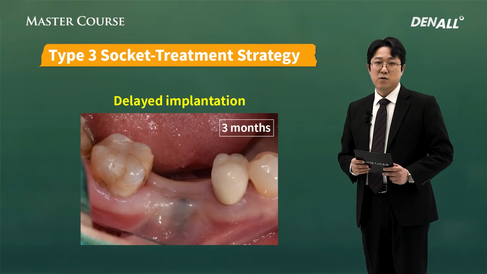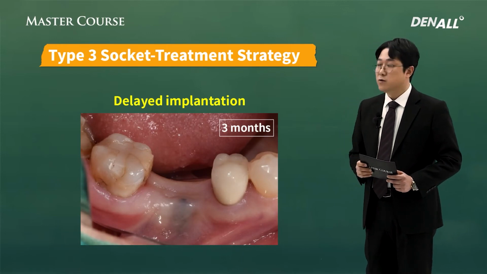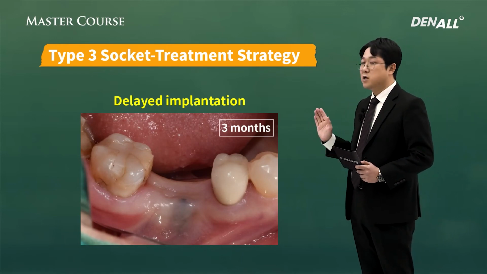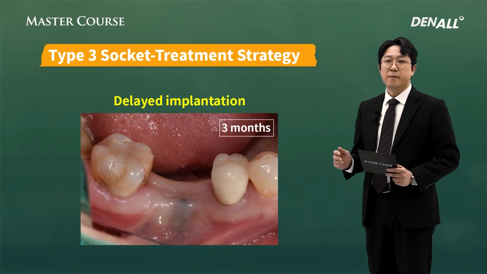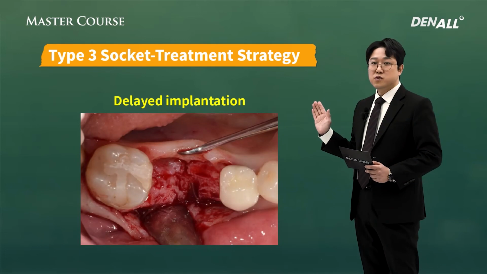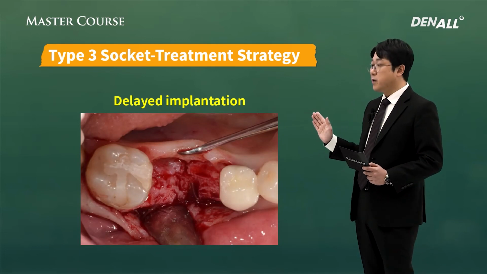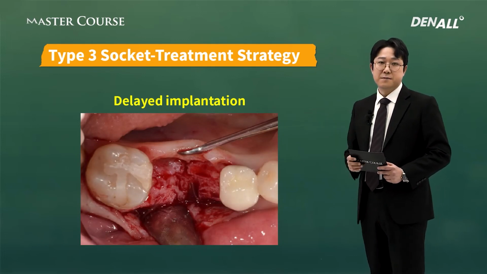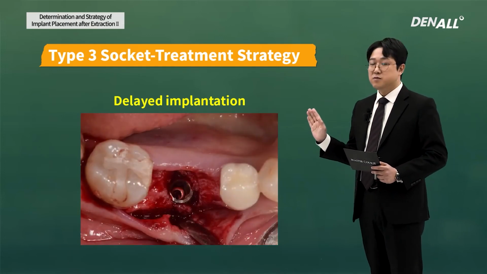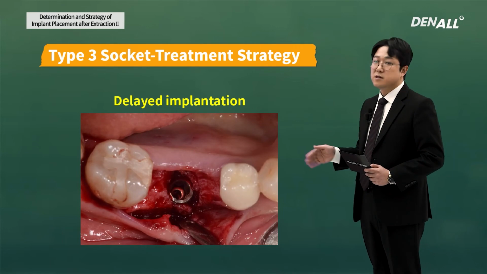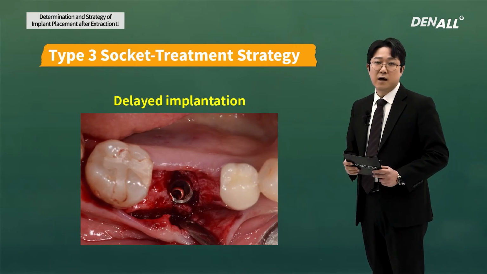After 3 months, the patient decided on an implant treatment and implant surgery was decided. Buccally, there is bone loss. However, in the socket, you can see a bit of bone fill. Implant was placed, and on the buccal side, dehiscence defect is observed.